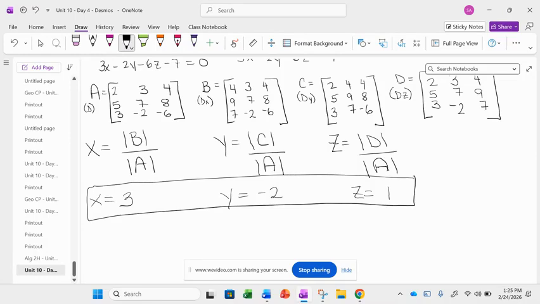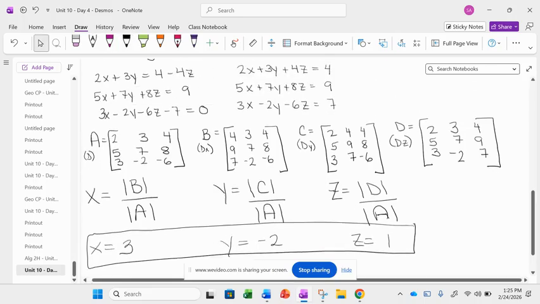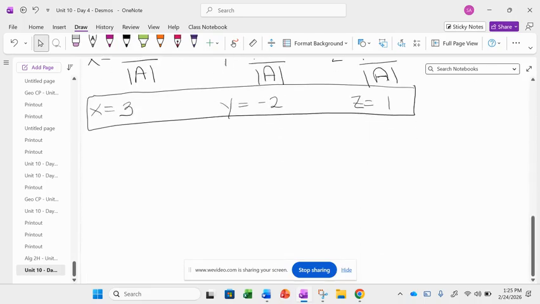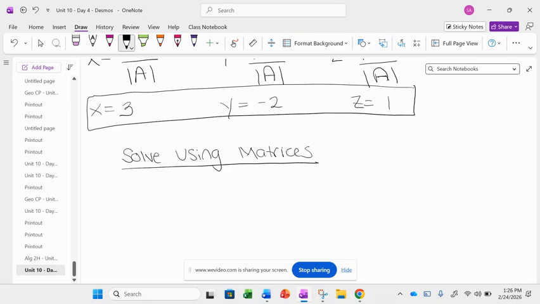All right, now I'm going to show you how to do the same problem using matrices. Are we ready? So same system, but now solve using matrices. If we're going to solve using matrices, A is going to be our coefficient matrix, which we already did.